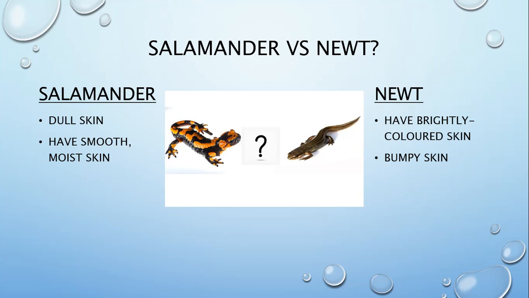So newts are probably a little bit prettier than salamanders. But salamanders have smooth, moist skin, whereas newts have bumpy skin. So salamanders are a little bit nicer to touch or pet if you ever get the chance. Okay, so those are just some of the differences so you can tell the two apart.